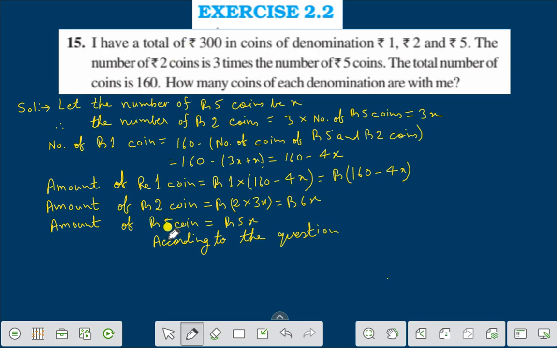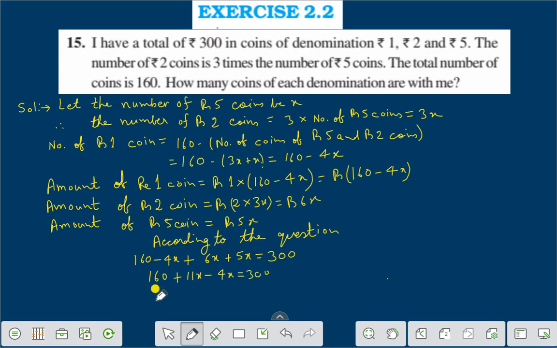Then we can write that 160 minus 4x plus 6x plus 5x is equal to 300, right? Now if we add all the numbers, that is 160 plus 6x plus 5x is 11x, 11x minus 4x.